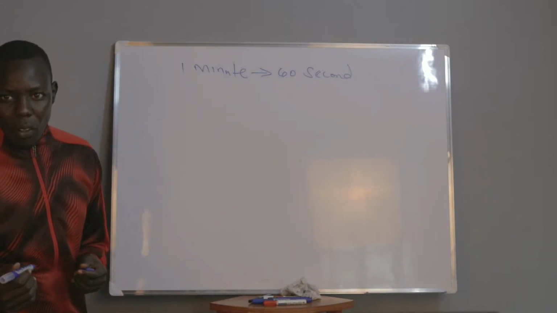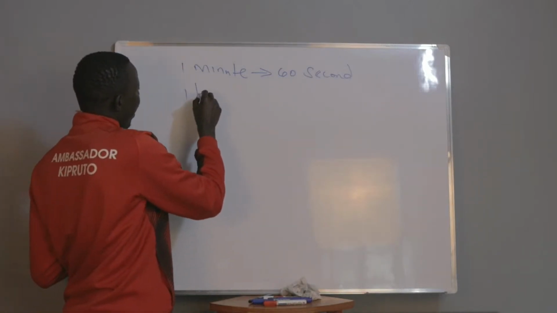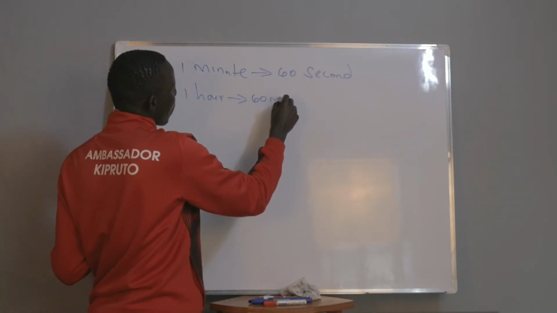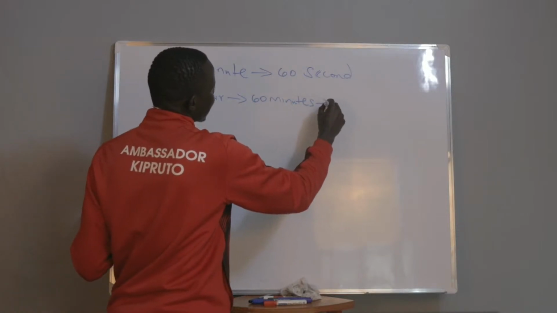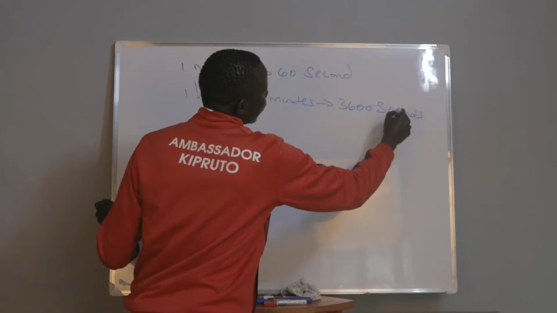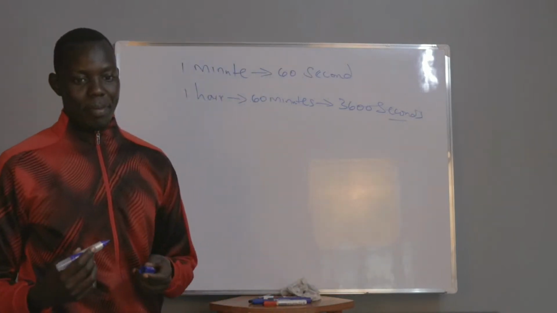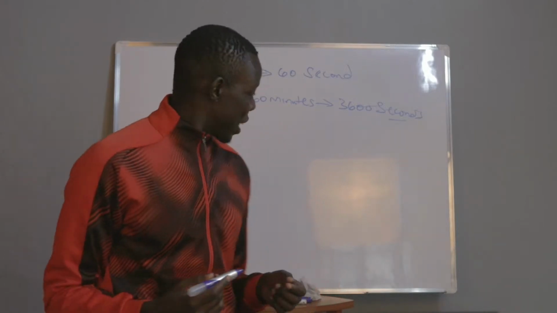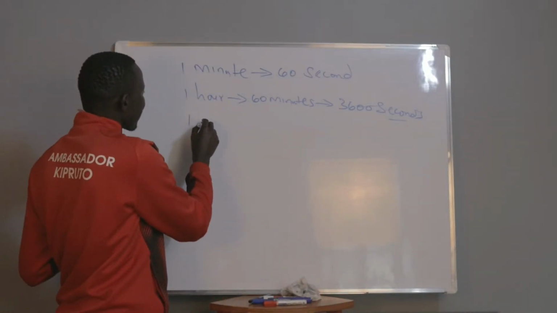1 hour, how many seconds? 1 hour is 60 minutes, which is 3,600 seconds. 1 day.